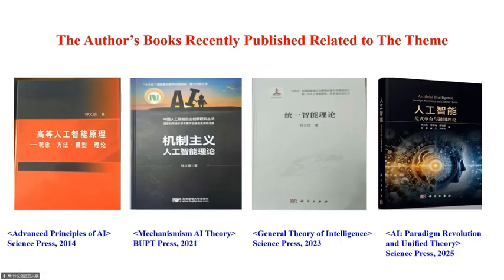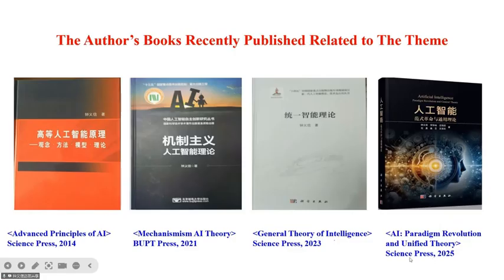The general theory of intelligence means we have a general theory not only for all kinds of AI, or unified AI, but also for human intelligence. This is the meaning of general theory of intelligence. Lastly, this is a new book published this year, also by Science Press.